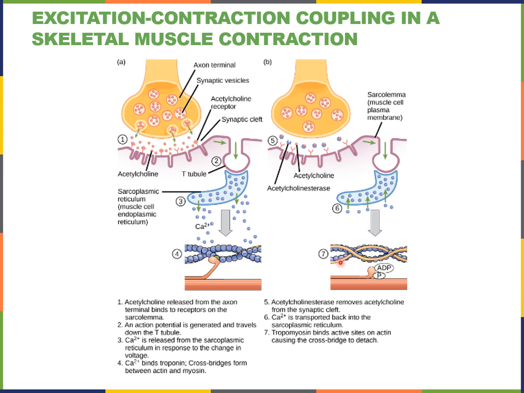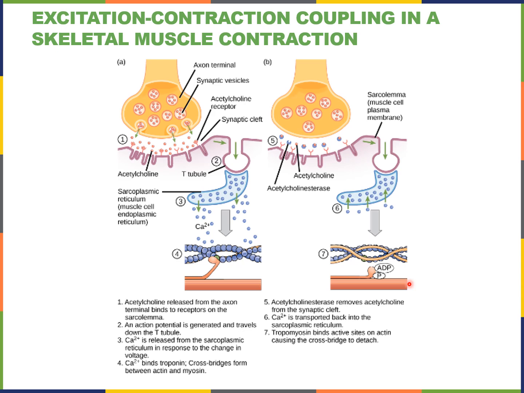Once that happens, acetylcholinesterase removes acetylcholine from the synaptic cleft. That's happening up here where our neural signals are reaching our muscle to tell it, hey, here's what you're going to do. Then calcium is transported back into the sarcoplasmic reticulum, and tropomyosin binds the active sites on actin, which causes the cross bridge to then detach.